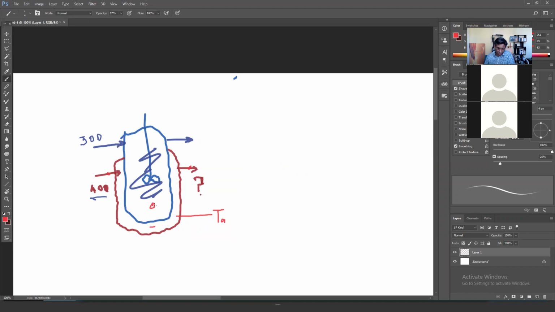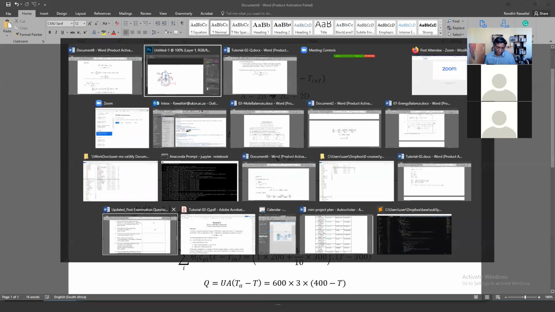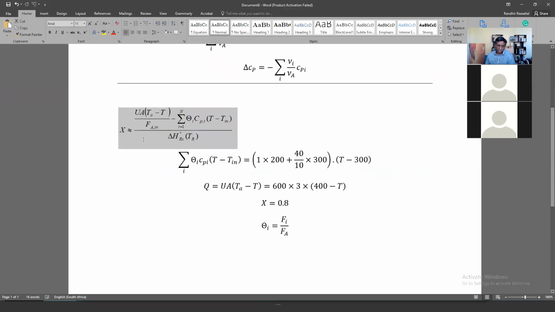If this thing is below a temperature of 400, if it's 200 or something, then heat is being transferred in the other direction. So what's nice is that energy balance makes no attempt to say that heat flow is in any particular direction. So when you write a balance like this, it's all just written according to a certain convention.